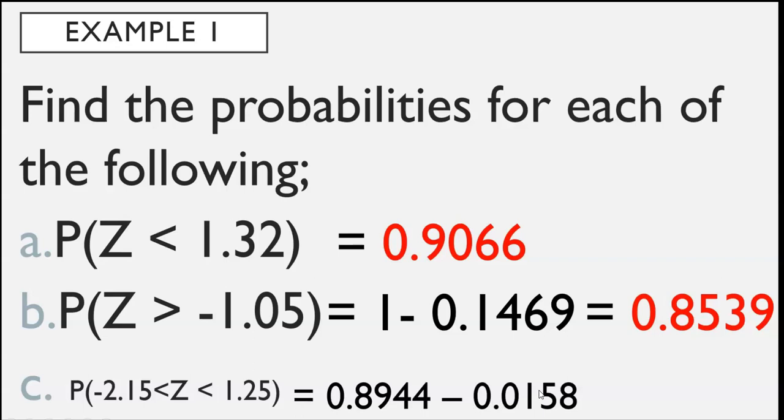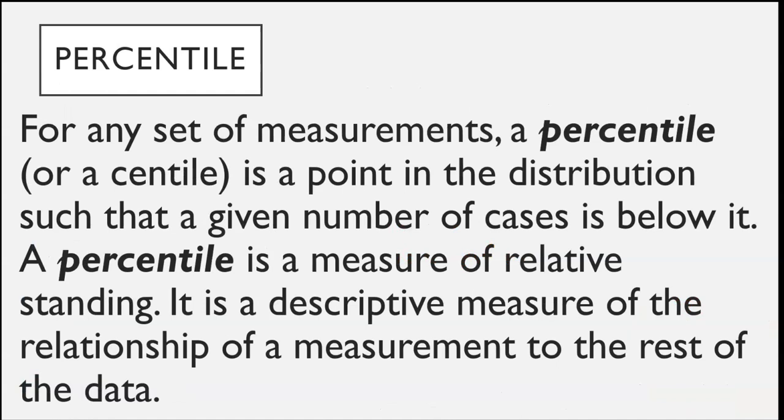So we subtract 0.8944, that's the z area of 1.25, and 0.0158, which is the z area of z equals negative 2.15. The answer is 0.8786. Hence, the probability between z-score negative 2.15 and 1.25 is 0.8786, or in percent, it is equivalent to 87.86%.